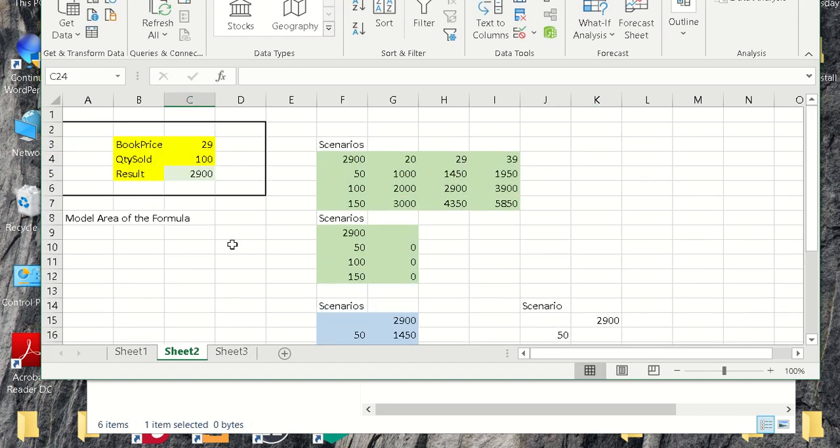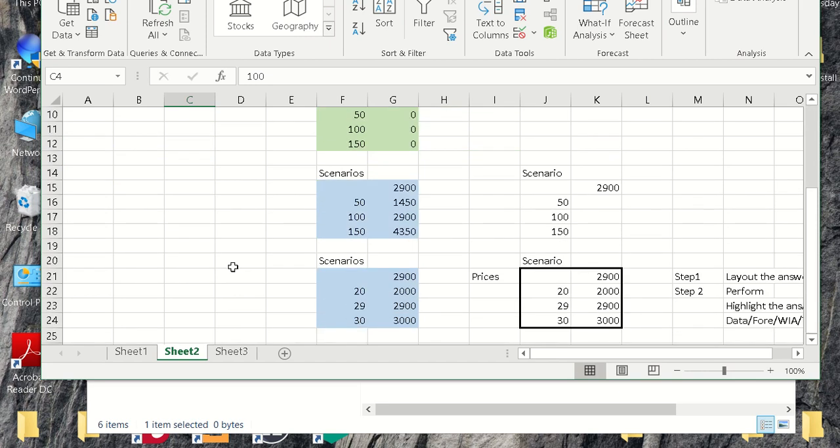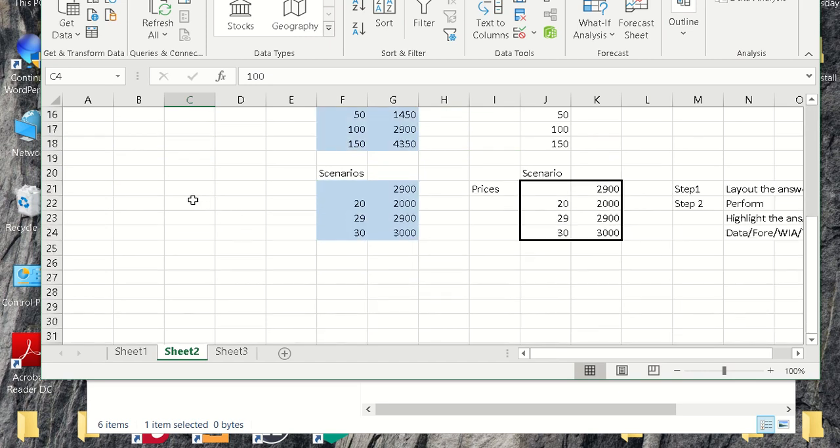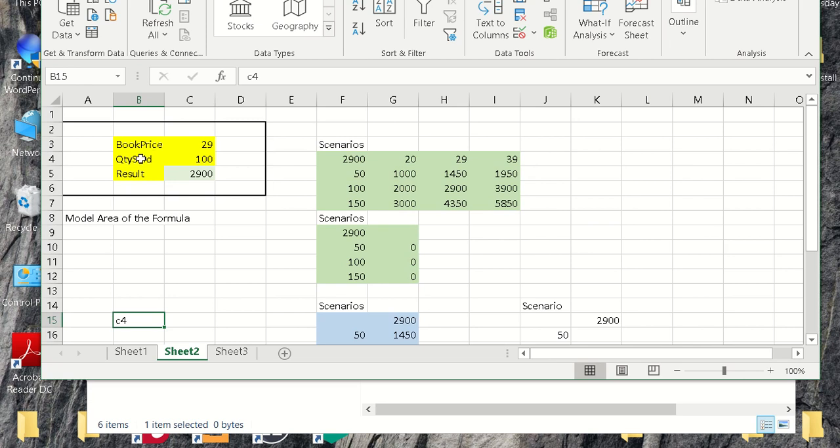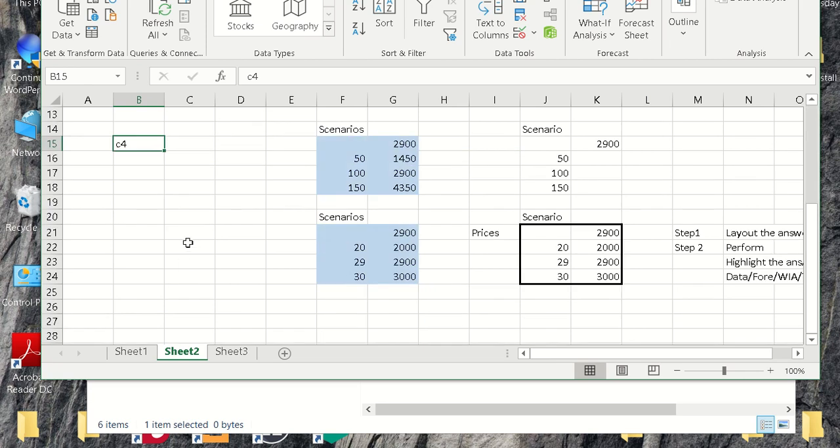Take note, the quantity sold is at C4. So C4 is the varying variable. I'll write it down right beside here, just to remind us. C4 is the quantity sold.